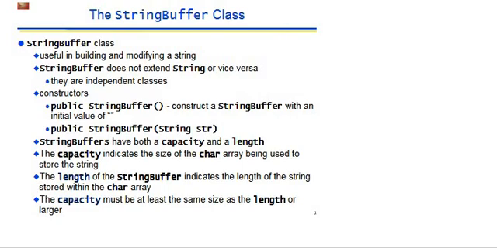It contains some particular sequence of characters, but the length and content of the sequence can be changed through certain method calls, and they are safe for use by multiple threads. Every StringBuffer has a capacity.